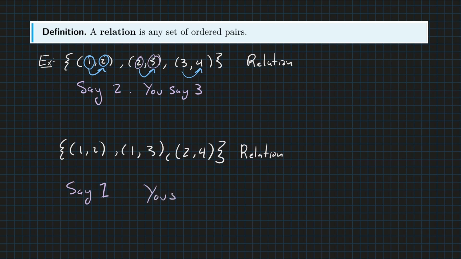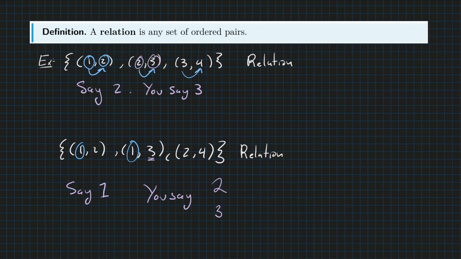Well, 1 is there, so you're going to say 2. But there's a second 1 in this one, so you will also say 3. So you have two choices here. If I say 1, you say 2 or 3. Well, in fact, 2 and 3.